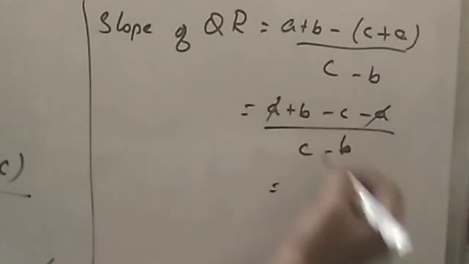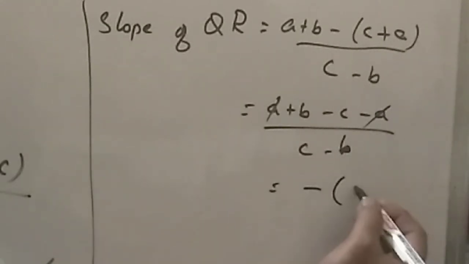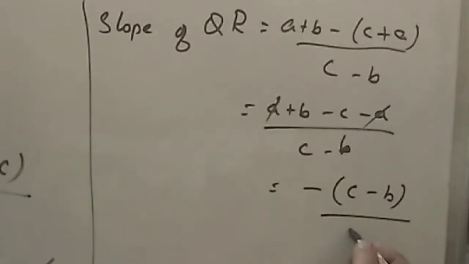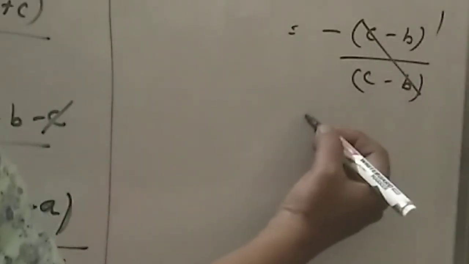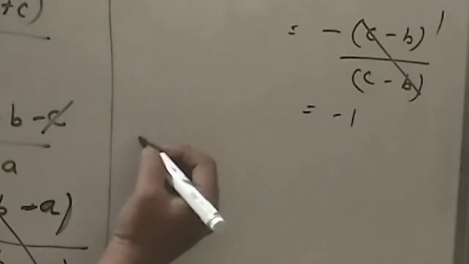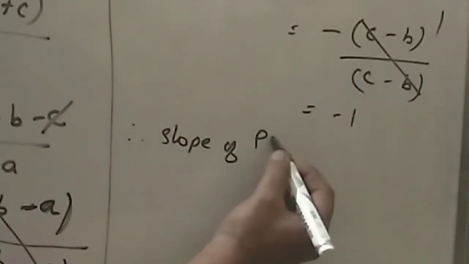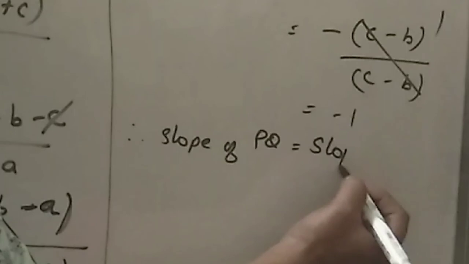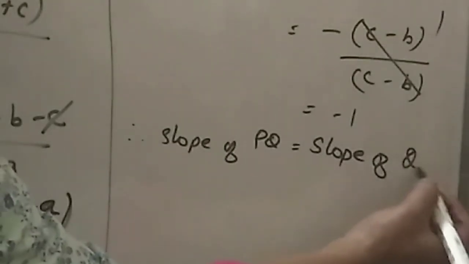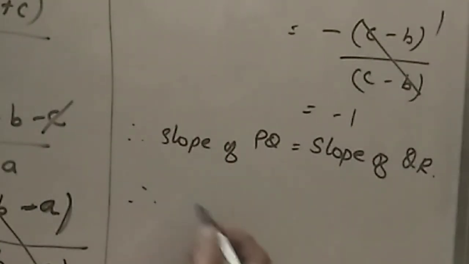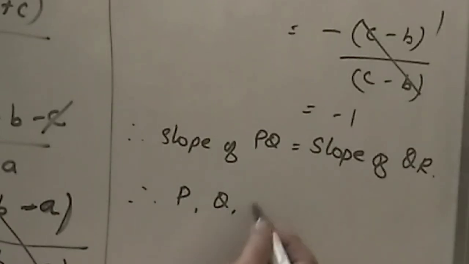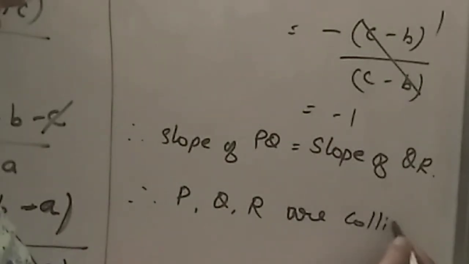Then you will change it, (c - b)/(c - b). Cancel. Right. Therefore, -1. Since slope of PQ equal to slope of QR, therefore, P, Q, R are collinear. Okay.